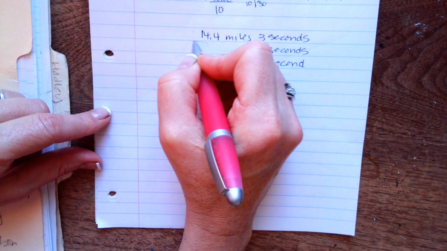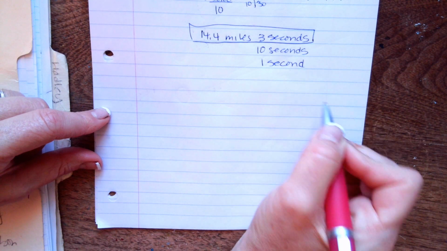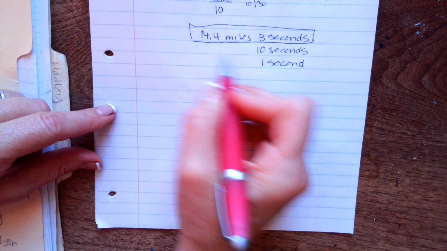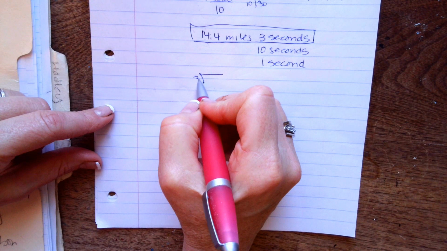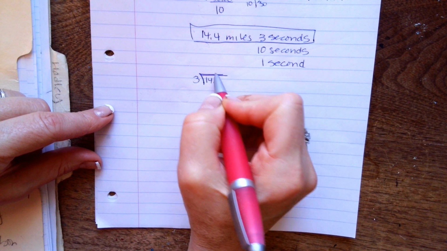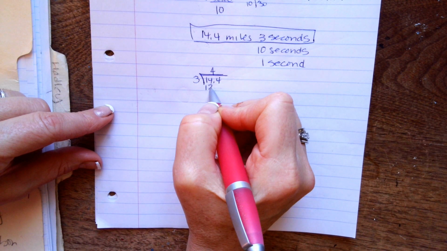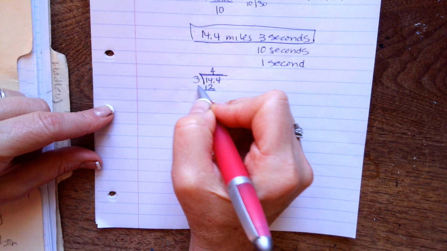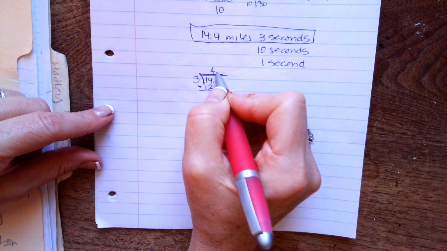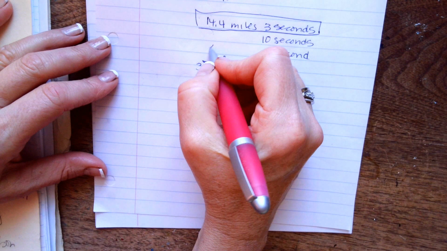Once you find out this, you can find out what you would do in 10 seconds or 1 second or whatever. Does that make sense to you? Yeah. Okay, so we're going to divide 14.4 by 3. 3 goes into 14 4 times, 12, 2, 4. So it's 4.8 per second.